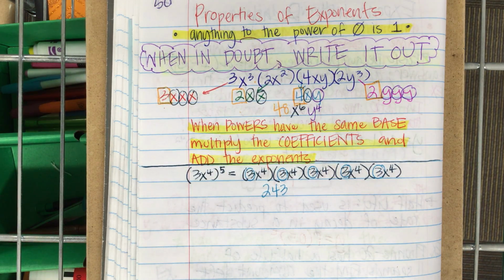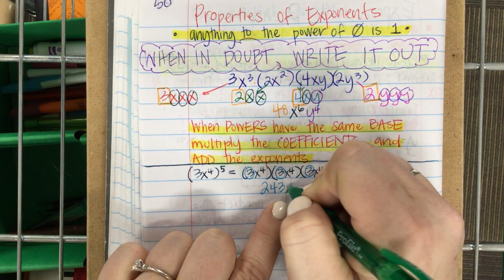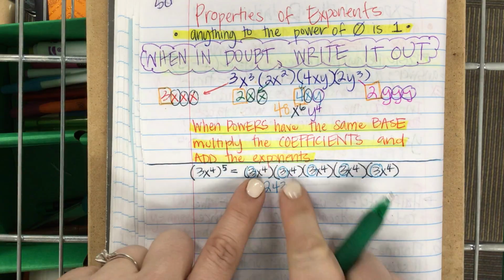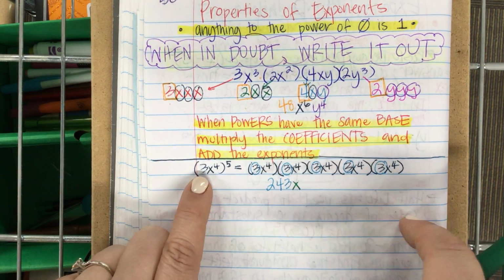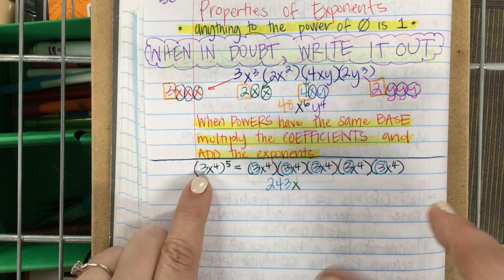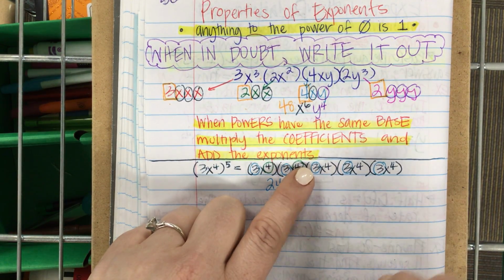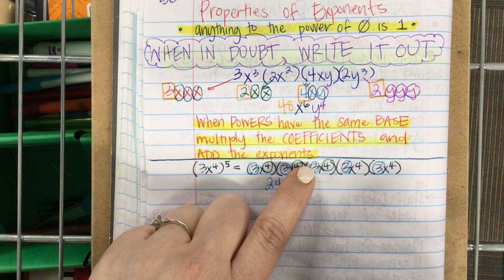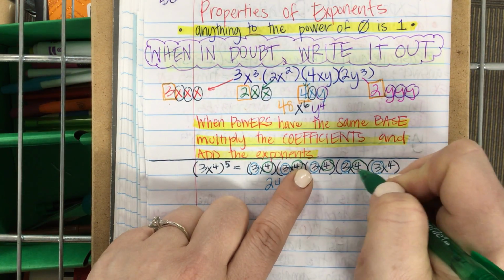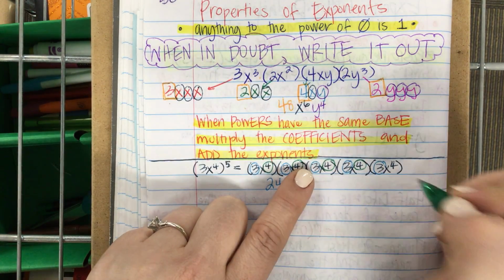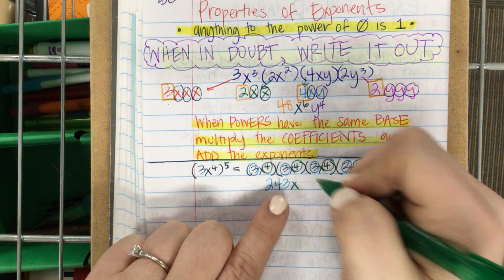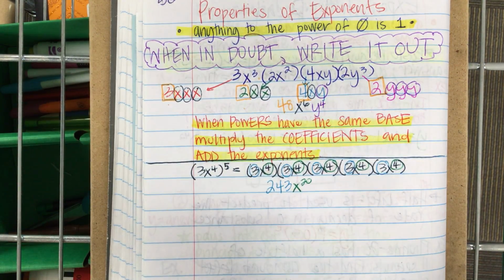I've got x to the 4th, x to the 4th, x to the 4th, x to the 4th, x to the 4th. I could write all of those out and then count them up, correct? Or I could do 4 plus 4, plus 4 more, plus 4 more is 16, plus 4 more is 20. x to the 20th.